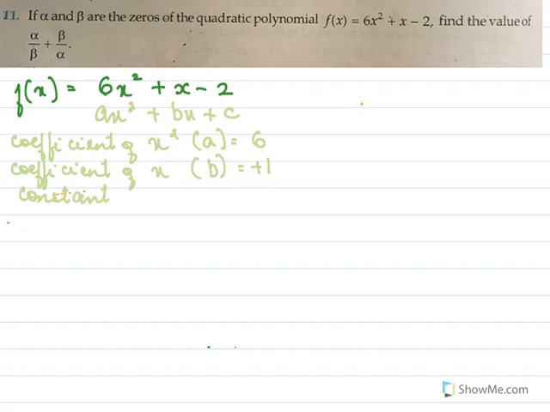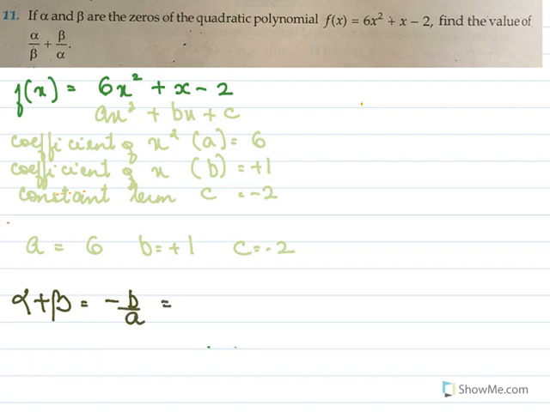And the constant term c is minus 2. So let me write it again: a is 6, b is plus 1, c is minus 2. And now for the relationship, alpha plus beta is minus b by a, which in this case will be minus 1 by 6. Alpha beta is c by a, and you see c is minus 2, so minus 2 by 6, which is minus 1 by 3.